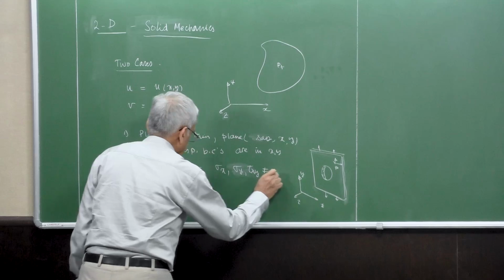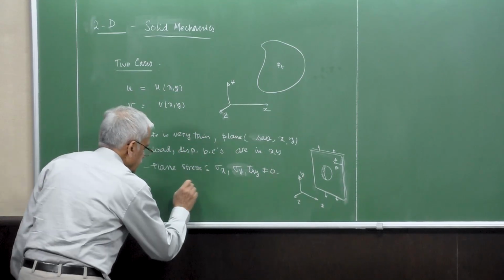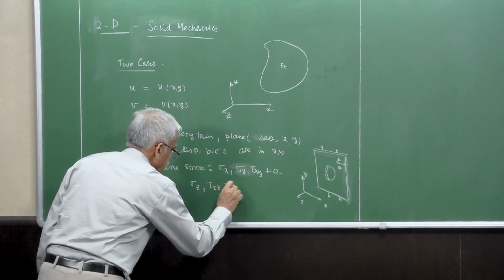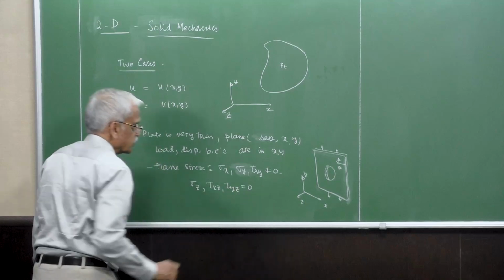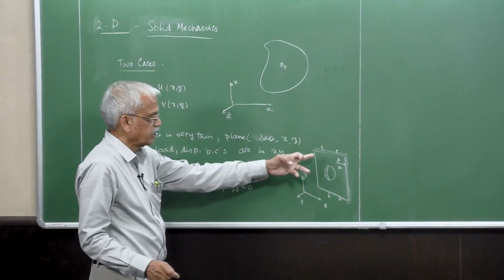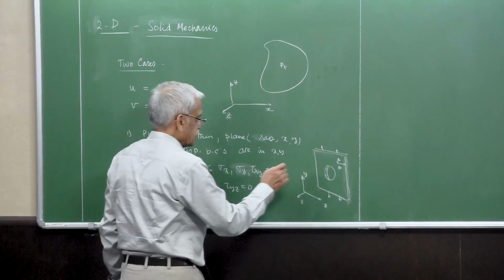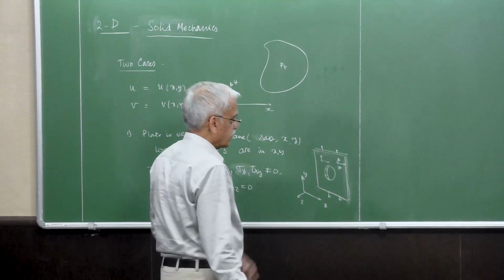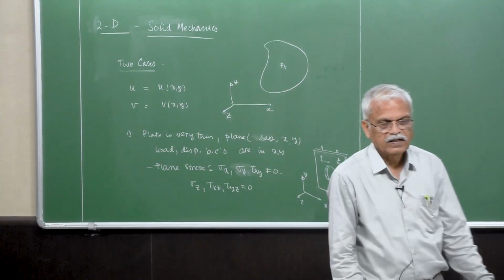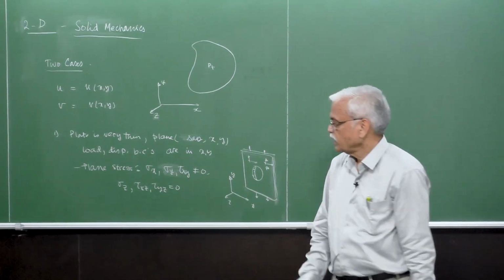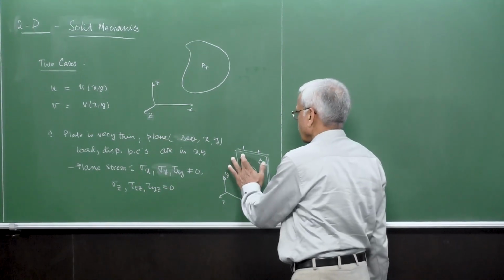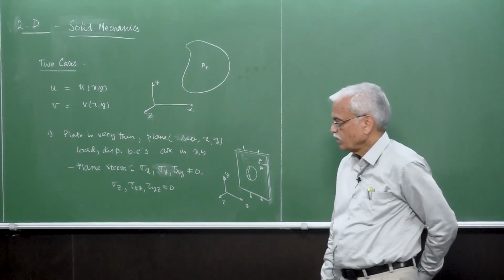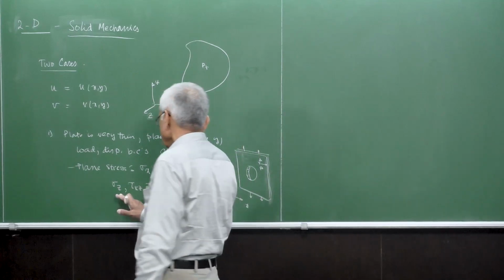These are the only non-zero stresses, and the other stresses like sigma z, tau x z, tau y z are zero. Sigma z is the stress normal to this plate, and tau x z and tau y z act tangentially on the outer plane. So these are also non-existent. Essentially you have sigma x, sigma y, tau x y non-zero, and these others are zero.